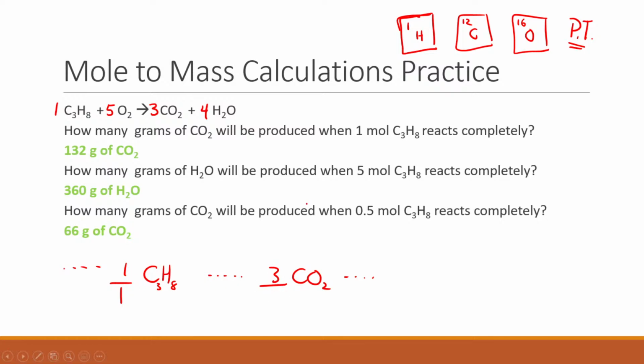This should be a 3. But this is moles of carbon dioxide, not grams of carbon dioxide. And so we have to add up CO2, so C and O, 12 and 16 and 16, to give me 44 grams equals 1 mole. If 44 grams is 1 mole, 132 is 3 moles.